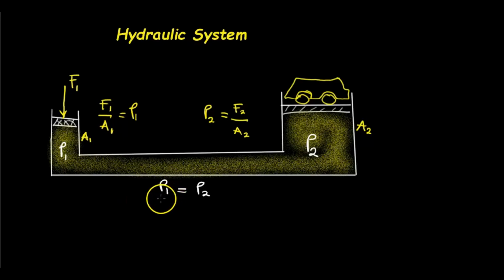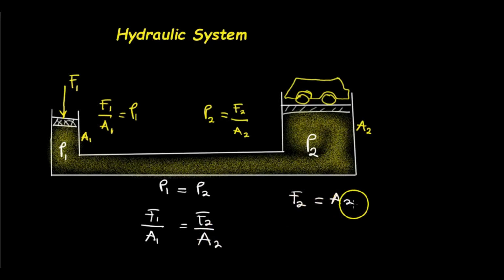So knowing that P1 equals to P2, therefore I can say that F1 over A1 equals to F2 divided by A2, all we need to do is to make F2 the subject. So making F2 the subject, I'm going to get F2 to be equal to A2 over A1 multiplied by F1.